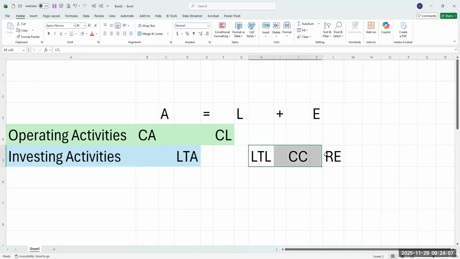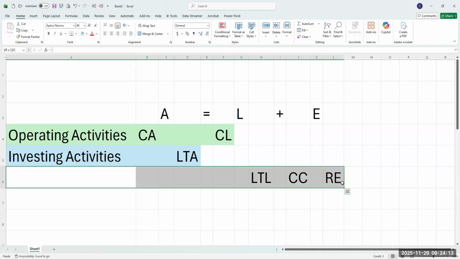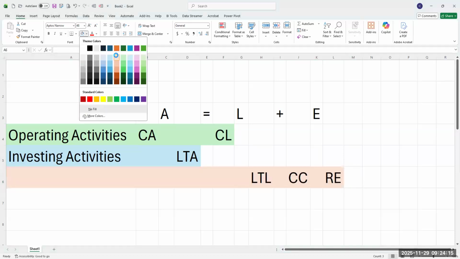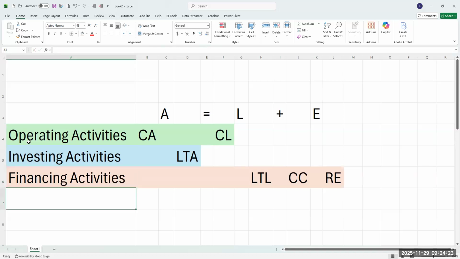And then what is left, only those, which I can flip now here. And those three are going to give us our financing activity. And those are the three sections of the cash flow statement that we have to prepare.